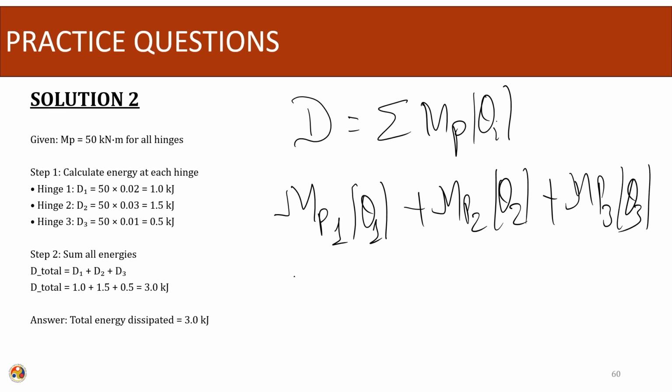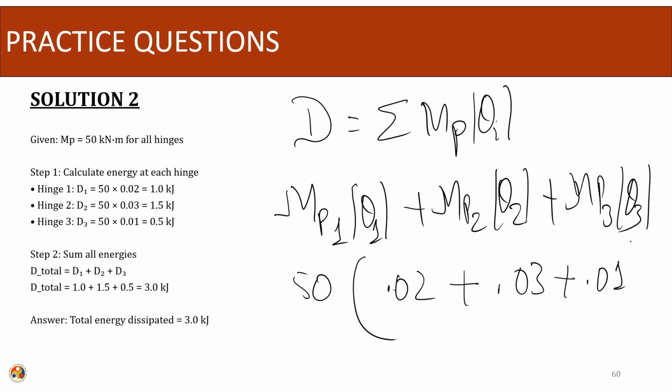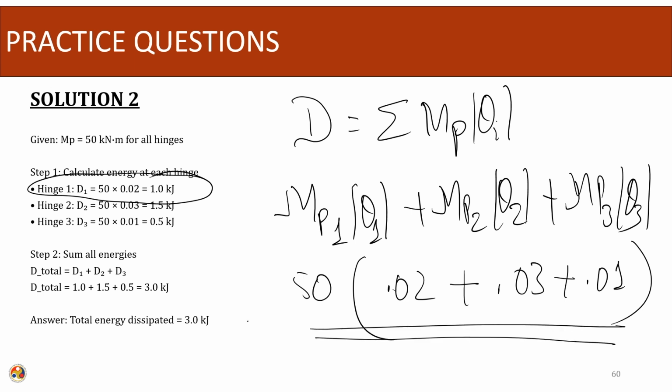MP is the same, so 50 comes common, and the rotations are 0.02 plus 0.03 plus 0.01. We can calculate the individual energies also, or directly like this. The total energy dissipated by this system is 3 kilojoule.